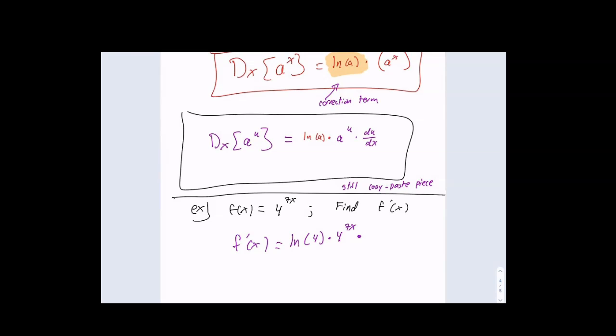Finish it. There you go, Frida did it. Times 7, the derivative of 7x. Same process: copy, paste, times derivative of the baby, but because the base is not e, you just have that extra little natural log of the base, natural log of 4.